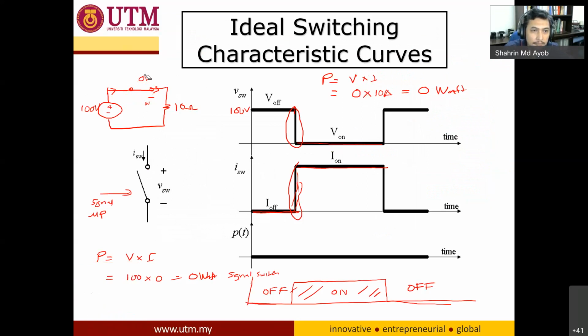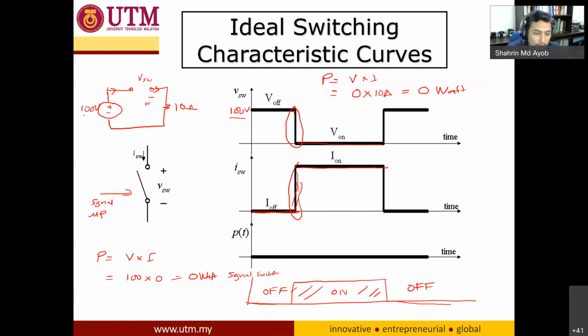For example, for this application, during the off state, the value of the voltage that the switch is required to block is equal to 100 volts.